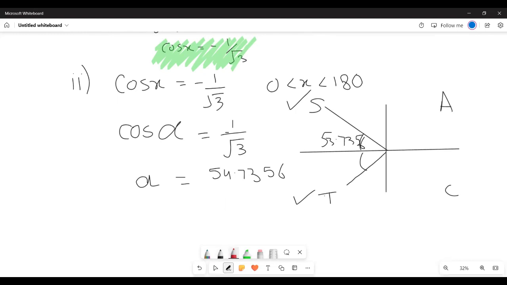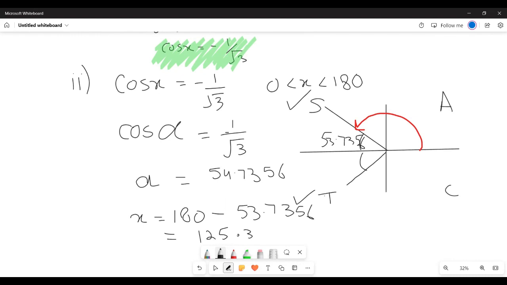And our answer would be this angle, which is 180 minus 54.7356. Since the domain is in degrees, we will do all the working in degrees. That would be 125.3 after rounding. Angles in degrees get rounded to 1 decimal place.